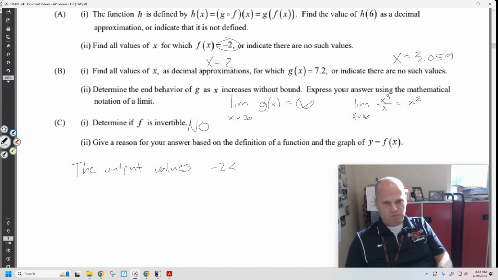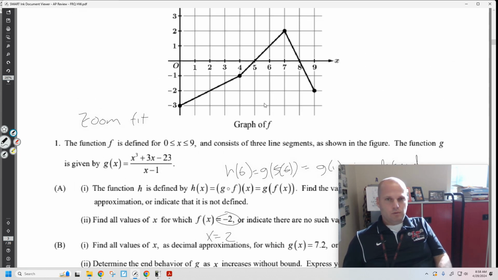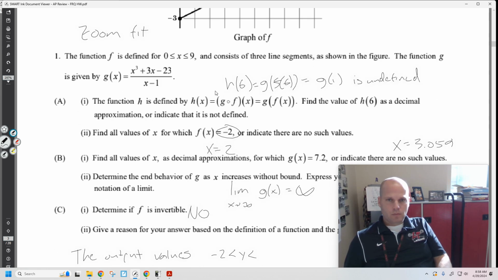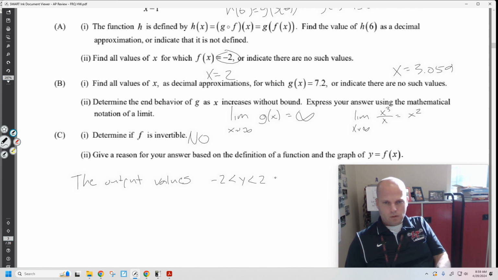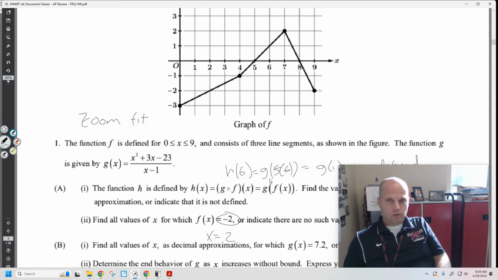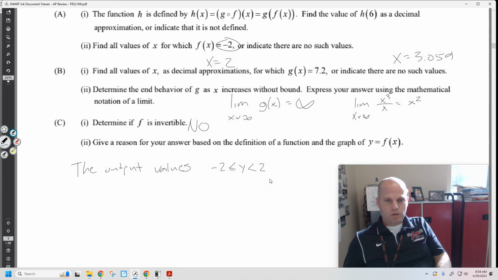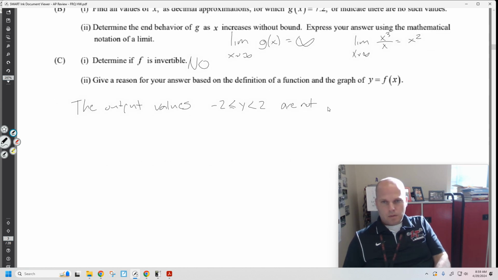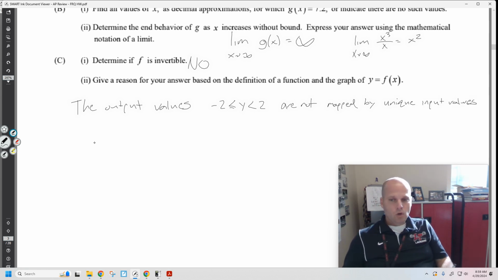The output values from -2 to 2, including those, all the values between are not mapped by unique input values. Or you could just use one example.